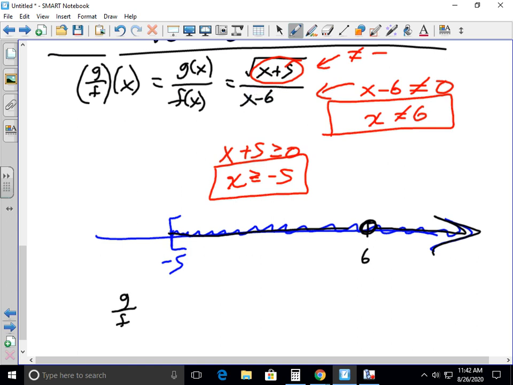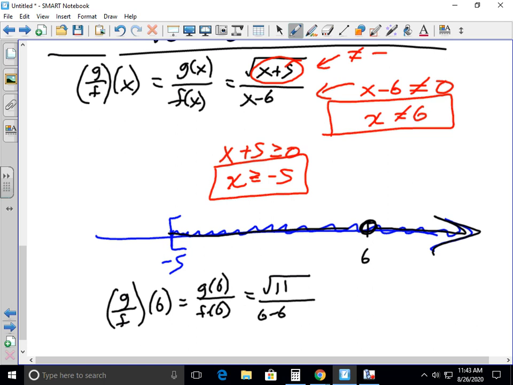Just real quickly, let's write that out. So that would be g of 6 over f of 6. So g of 6 is square root of 11. F of 6 is 0. That's not okay. That's undefined, which means we're not allowed to use 6.